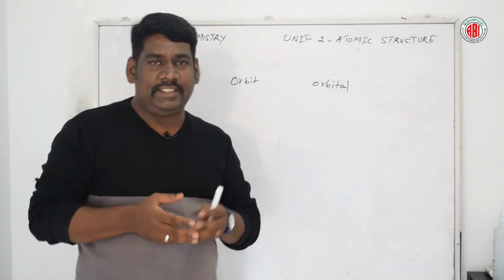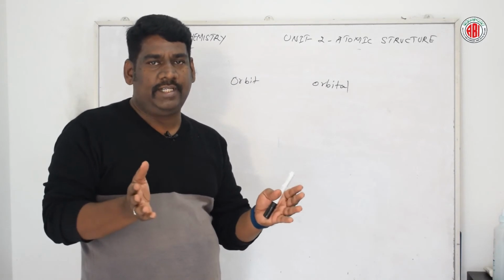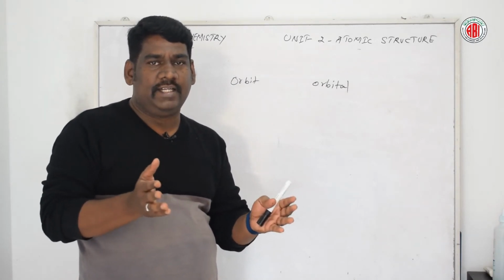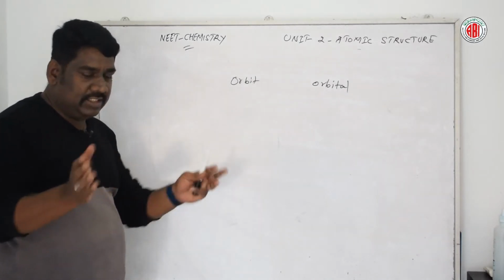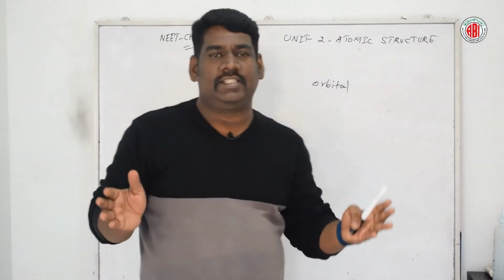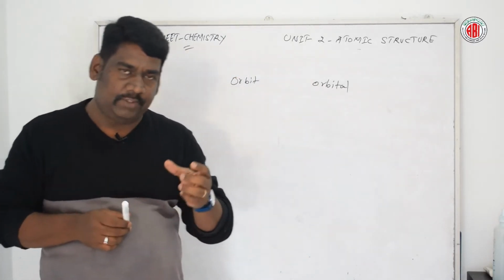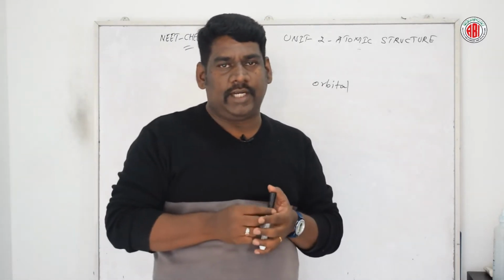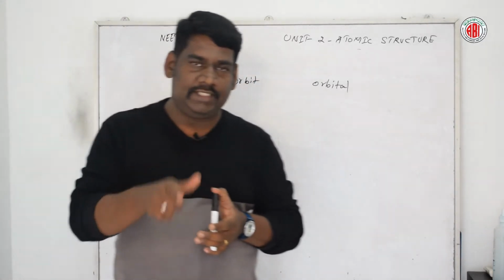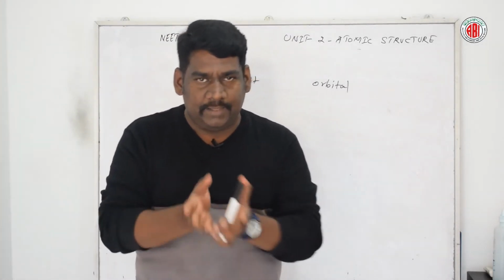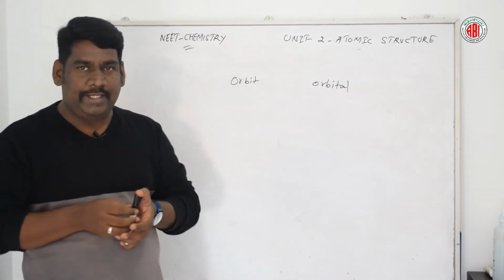An orbit is a well defined circular path around the nucleus in which the electron revolves. As we discussed in Bohr's model of an atom, the electron revolves around the nucleus in a circular path, and that circular path is said to be an orbit. Now talking about orbital.